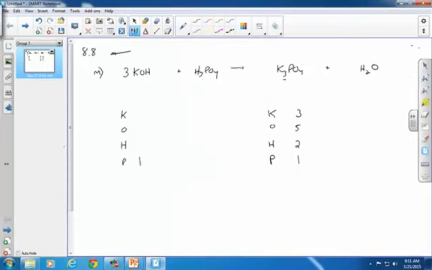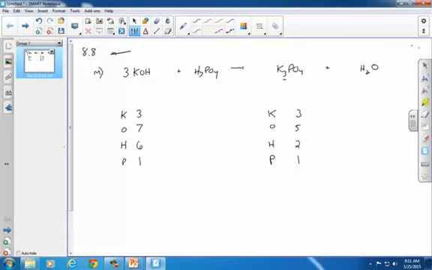And so now I have 3 potassium. Now that 3 I put in gives me 3 oxygen from the KOH, because I have 3 of those KOH units. And I have 4 oxygens from the PO4, so that's a total of 7. And I have 6 hydrogens, 3 from the KOH and 3 from the H3PO4.